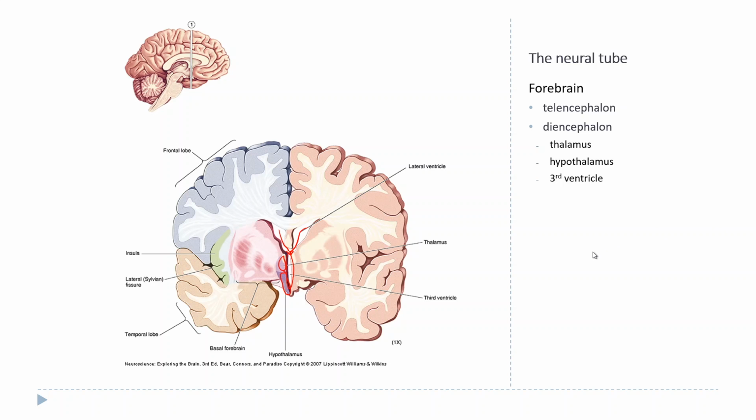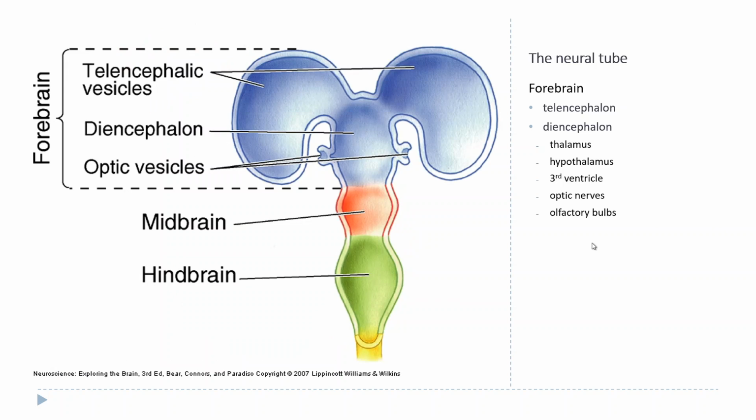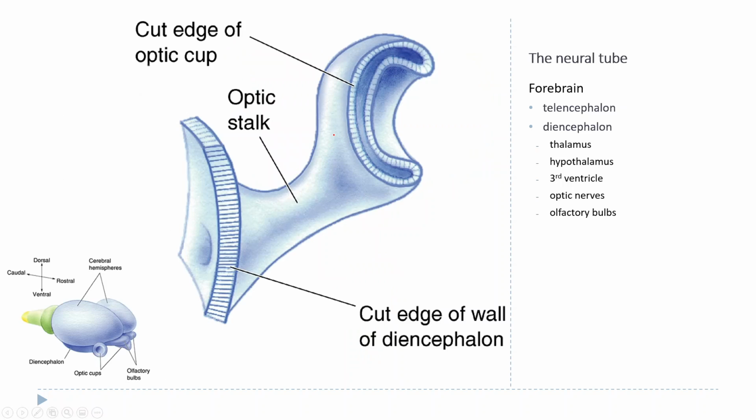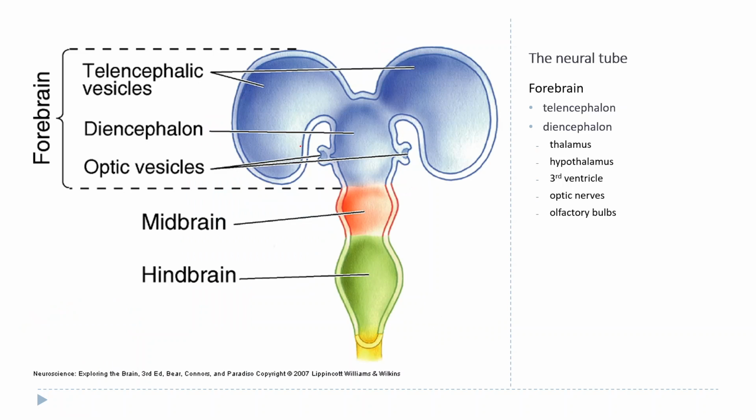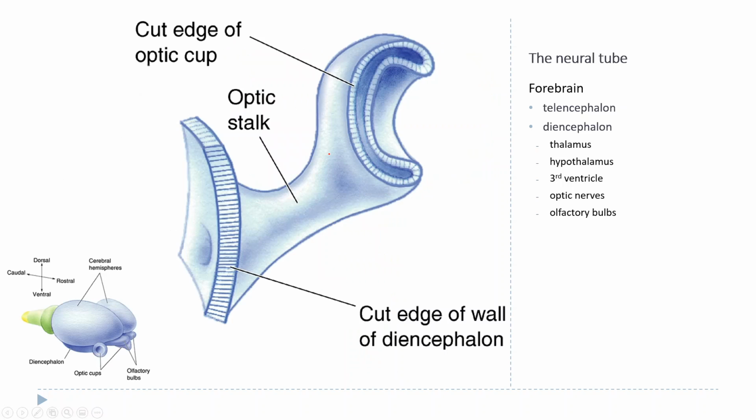And then some other important structures that come out of the diencephalon are some of the cranial nerves. So actually all of the cranial nerves come out of the neural tube at some point, but the forebrain has at least two important ones. You have the optic nerves, which actually just grow out of the walls of the diencephalon, like so, and they start as basically little cups that stick out.